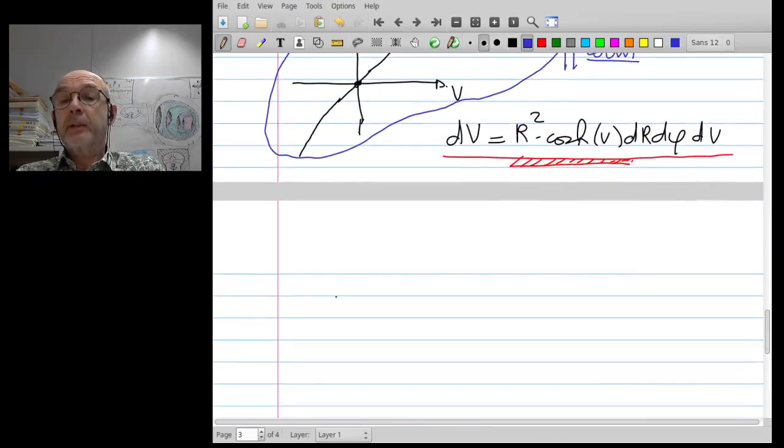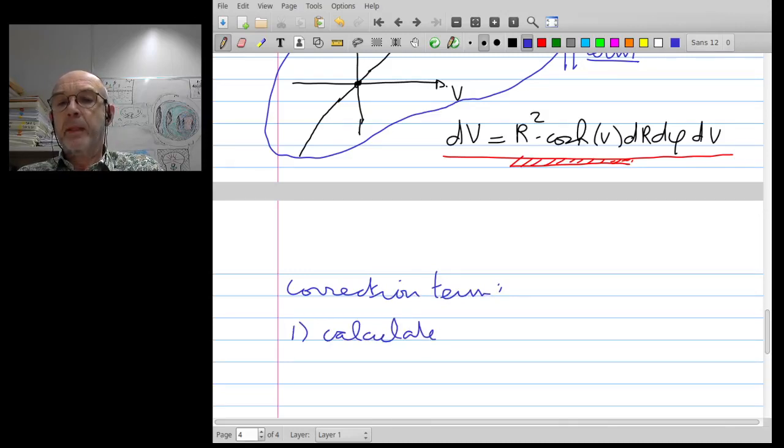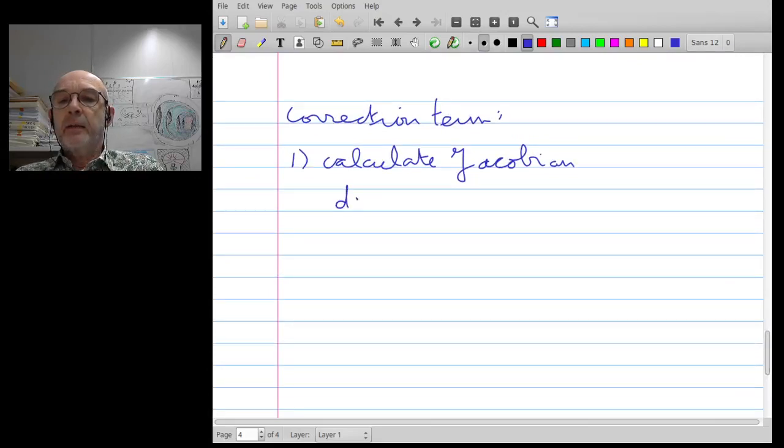So correction term, let me write down. So calculate the Jacobian. And for the Jacobian, you have the x in our case here, the x with respect to r, the x with respect to phi, the x with respect to v, and you do the same with those other variables.